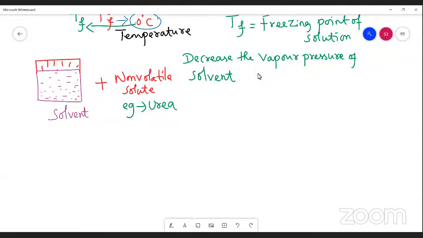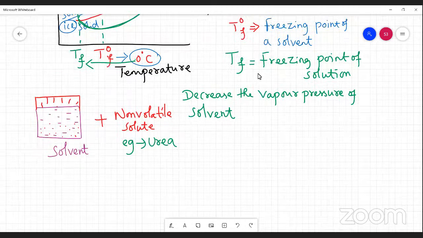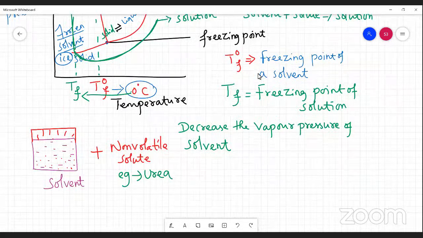So it tries to decrease the vapor pressure of the solvent, and that is why the freezing point of the solution is decreasing. If you take that, T naught F is nothing but the freezing point of a solvent. What is TF? The freezing point of a solution.